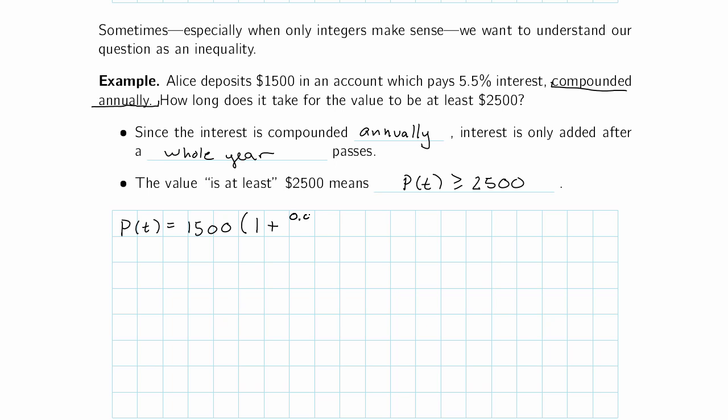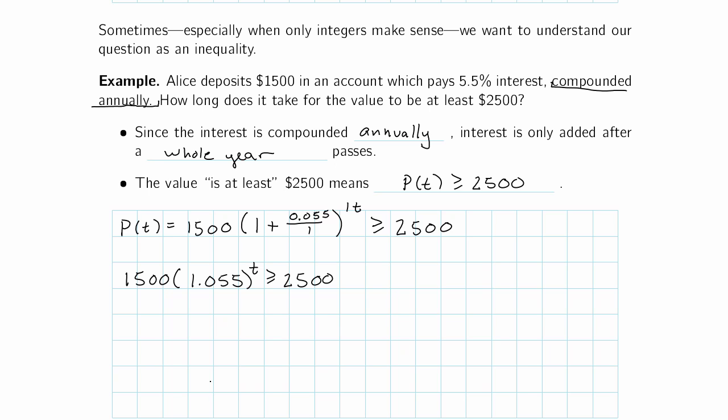So 0.055 over 1 to the 1t. And we want that to be greater than or equal to 2,500. So 1,500 times 1.055 to the t is greater than or equal to 2,500.